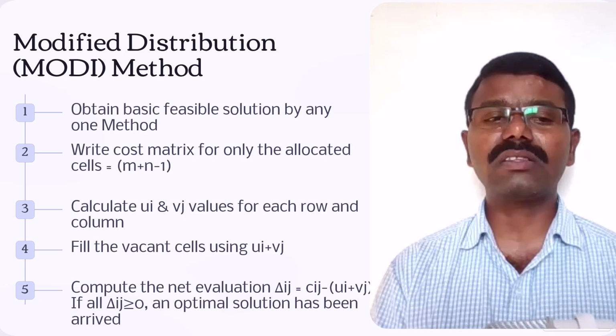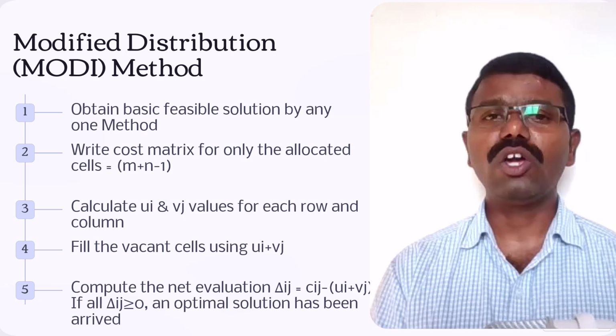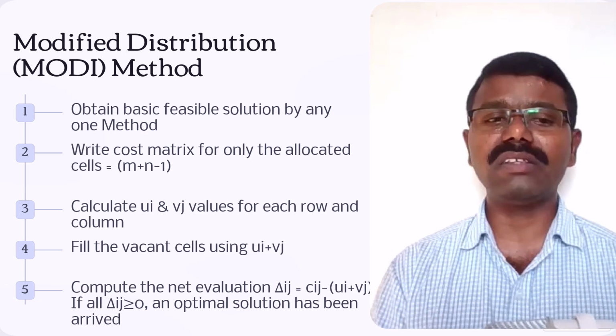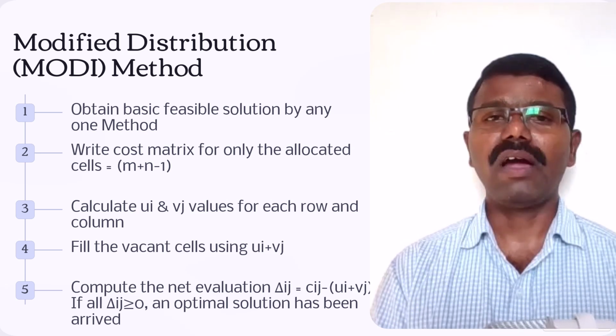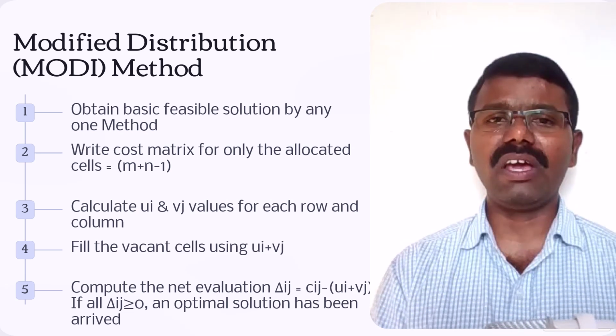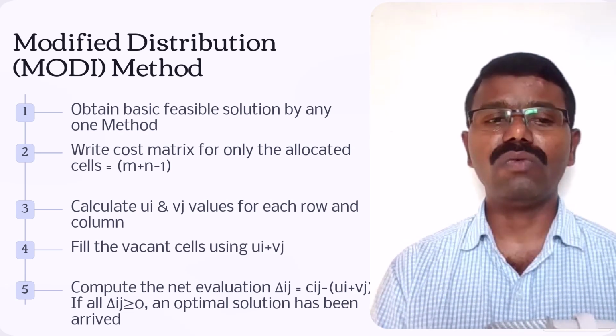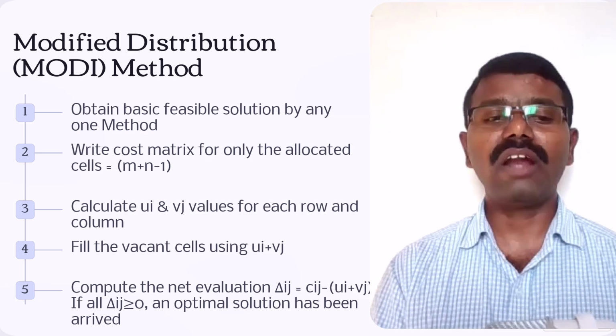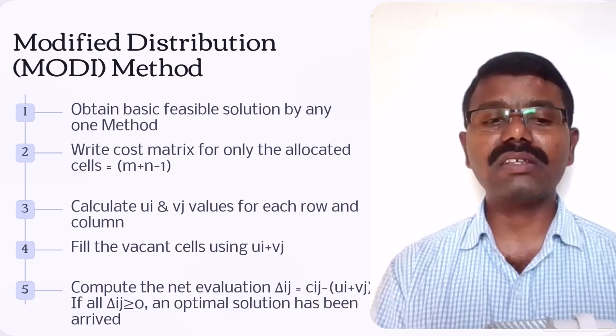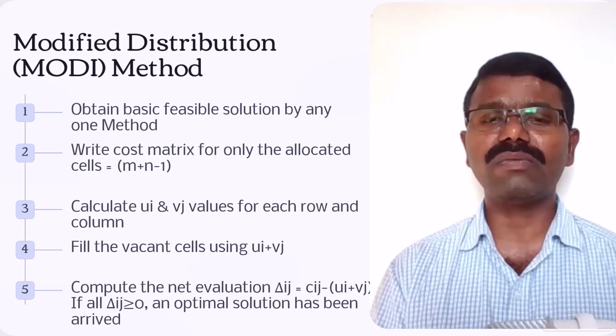The third step is to calculate the ui and vj values for each row and column. I will explain these values while solving the problems. Then fill out the vacant cells using ui plus vj.